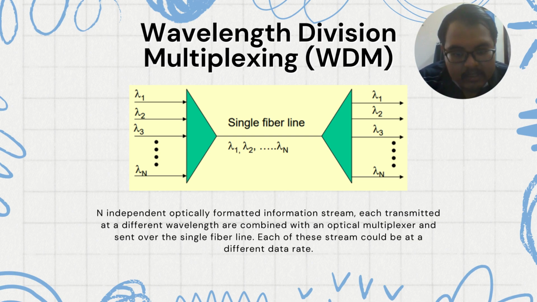The independent optically formatted information streams, each transmitted at a different wavelength, are combined with an optical multiplexer and sent over the single fiber line. Each of these streams could be at a different data rate.